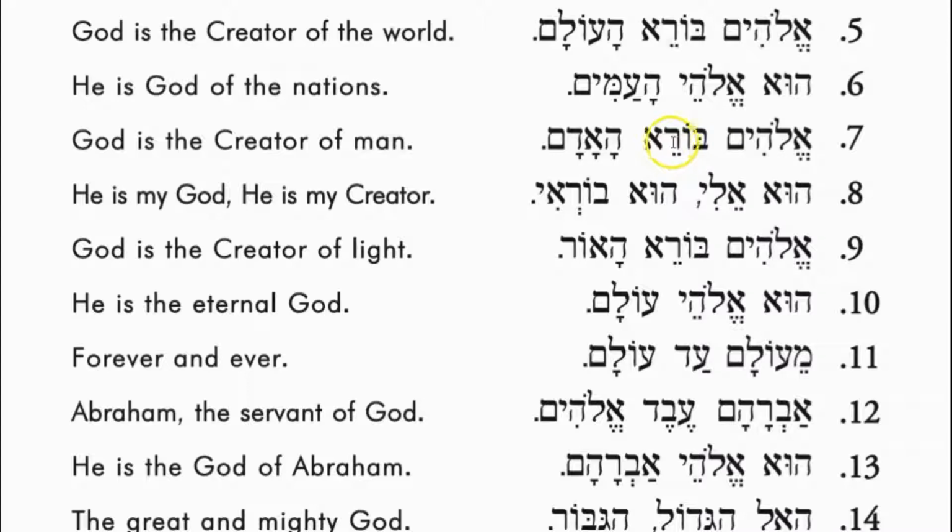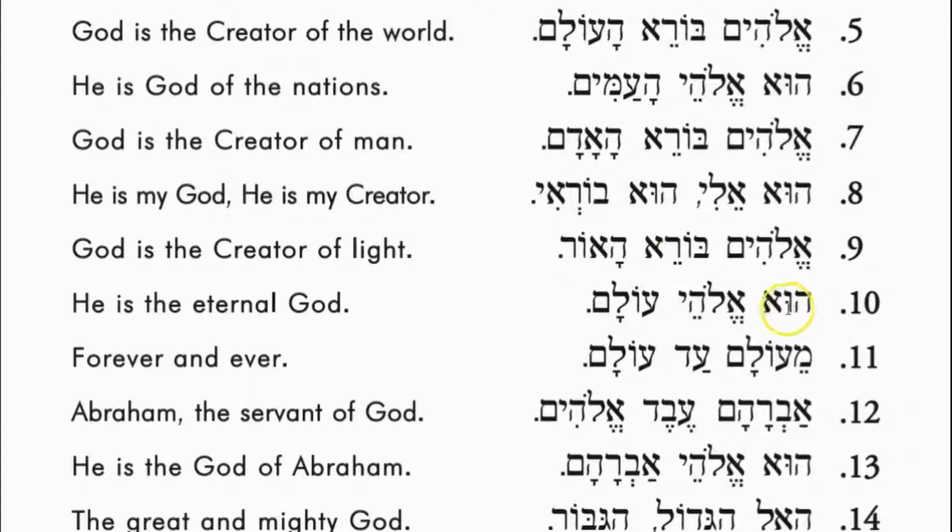God is the creator of mankind. 8, Hu Eli. He is my God. Hu Bori. He is my creator. 9, Elohim Boreh Ha'or. God is the creator of light.